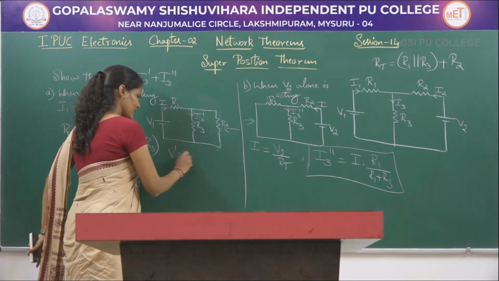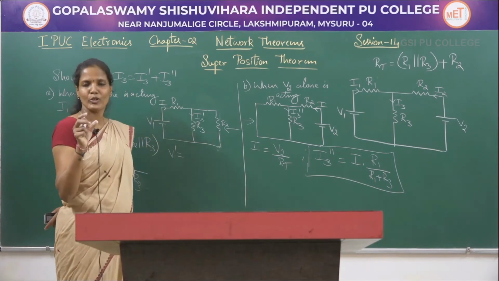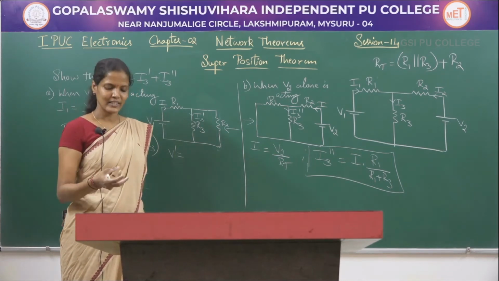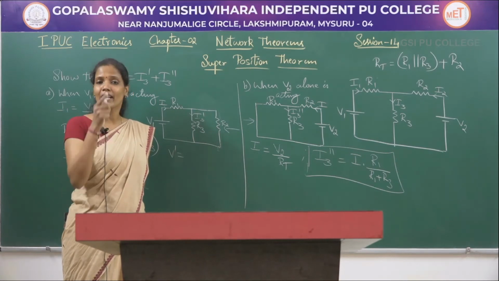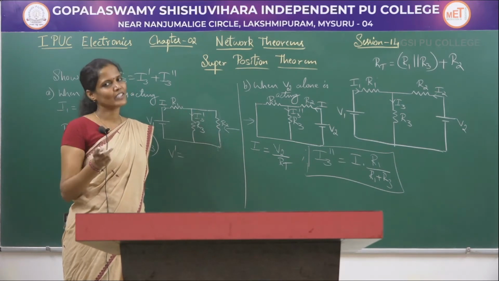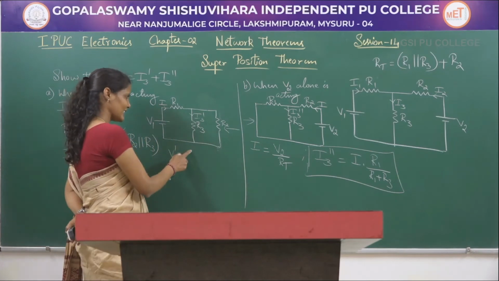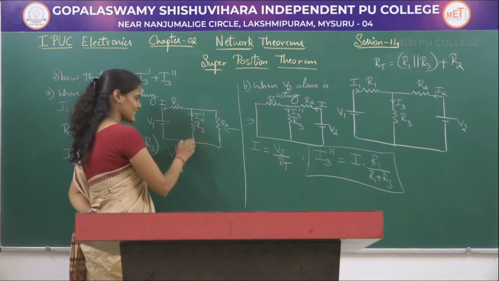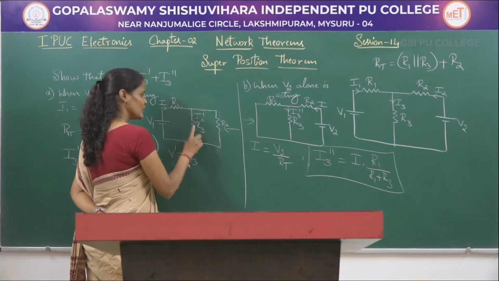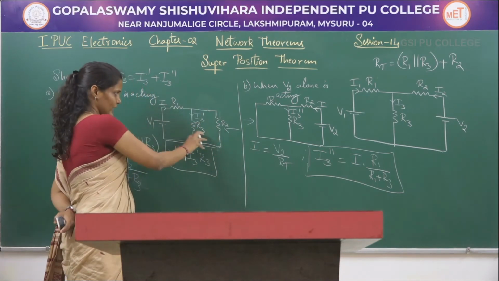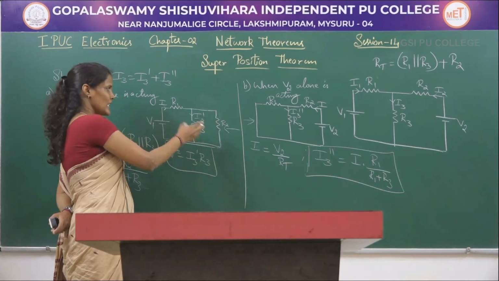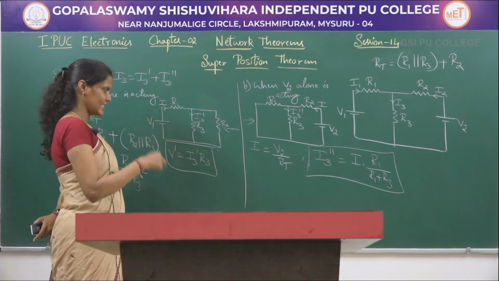What I told you, whenever you want to measure the voltage across any of the resistor, you can easily calculate that by multiplying the current flowing through that resistor into that resistance value. So in this particular case, the current flowing through that resistor is I3 dash into that resistance value R3. So V dash is the voltage across this particular resistor even when R1, R2 is connected.